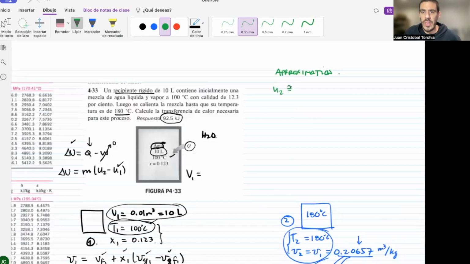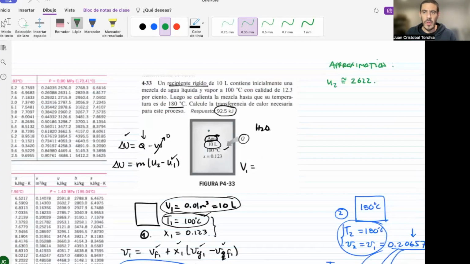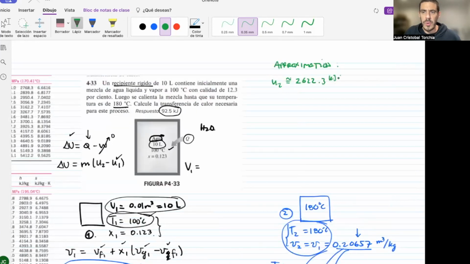So I'm gonna put it here. U2 equals approximately 2620.3 kilojoules per kilogram. Okay, so if I do that, I'm gonna write this right away. I already have everything in order to put this one here. You have the numbers there. And if you do that, this is the same thing as Q because the work is 0.